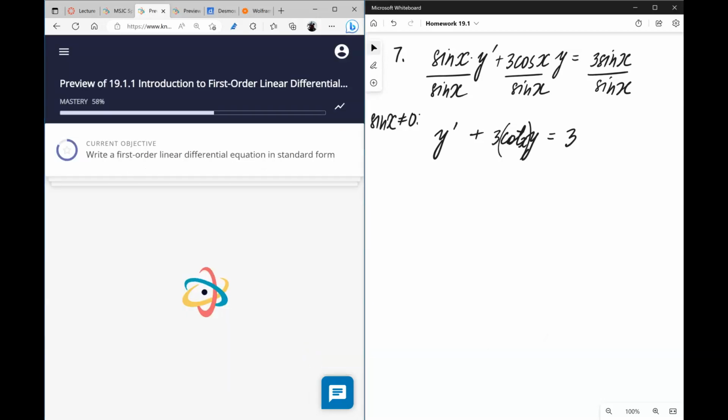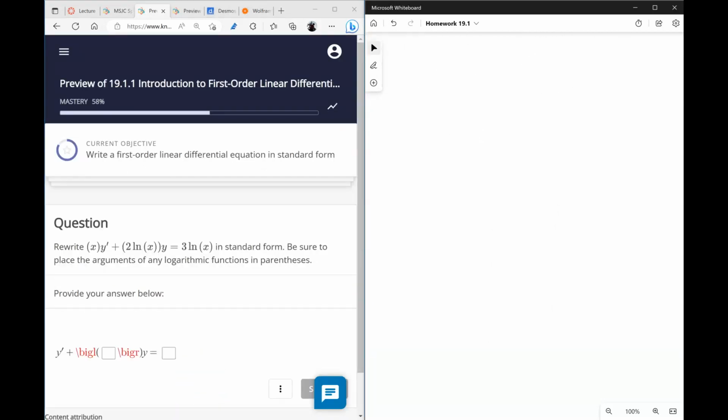All right, next question. Number 8. Looks like we have the same question. So we're going to assume that x is not equal to 0, and we'll divide everything by x.